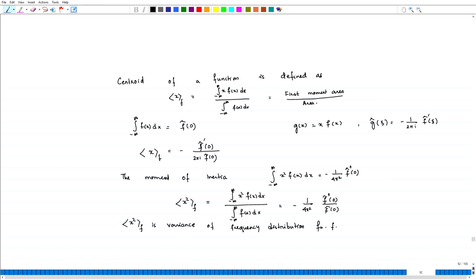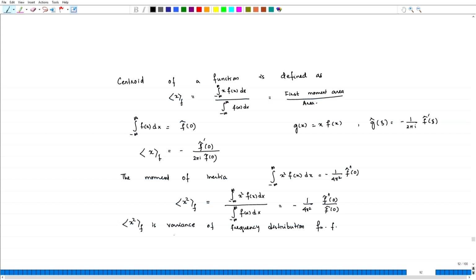And in physics and engineering it is basically, roughly speaking, used to describe the distribution of mass around an axis and how it affects the rotational characteristics of a function. This is also called the mean square abscissa.